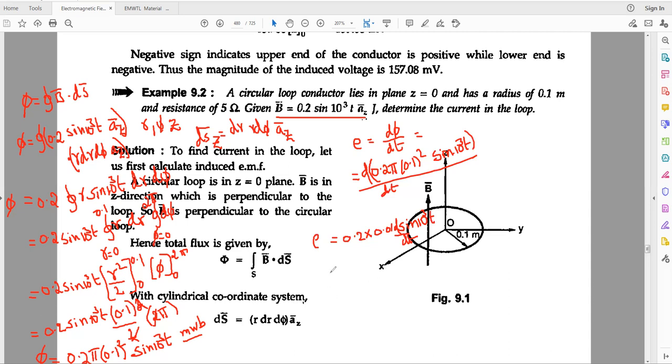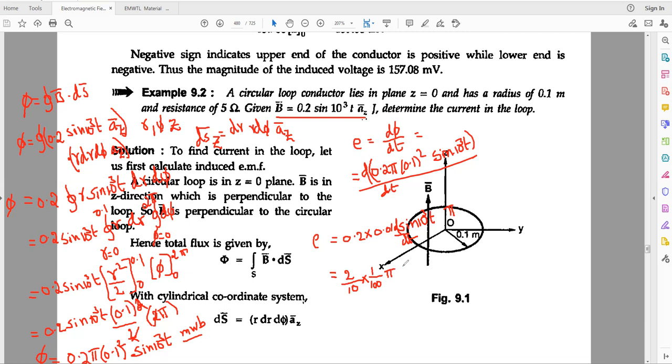What is the sine derivative? The cos. You can write that cos here. 0.2, if you write, there is a pi also. Pi into 2 by 10, and 0.01 I am writing as 1 by 100, so 1 by 100 into pi.